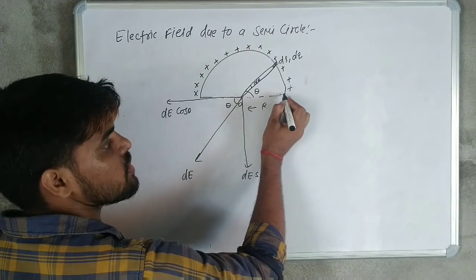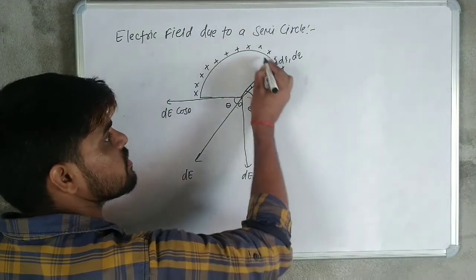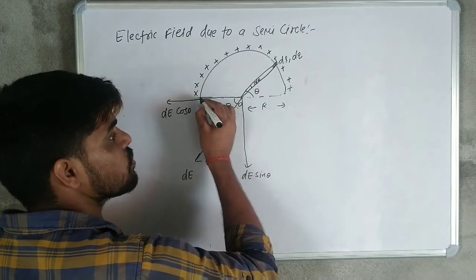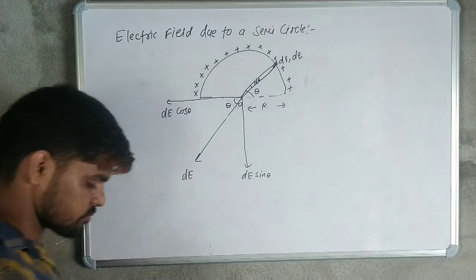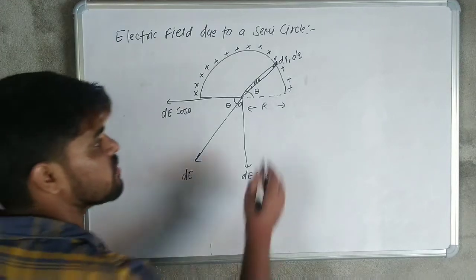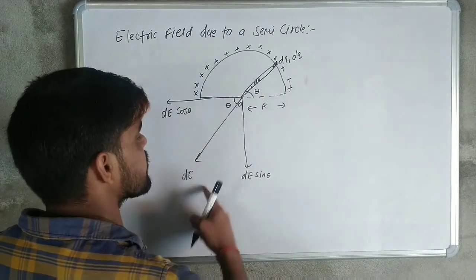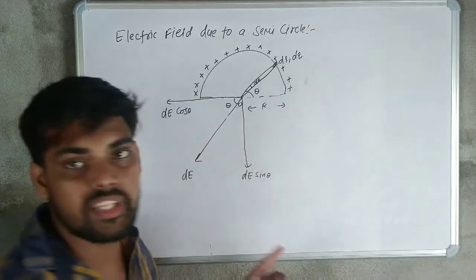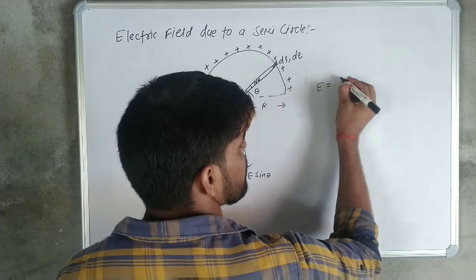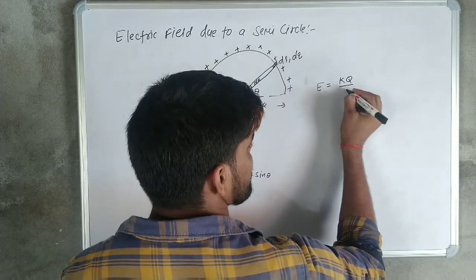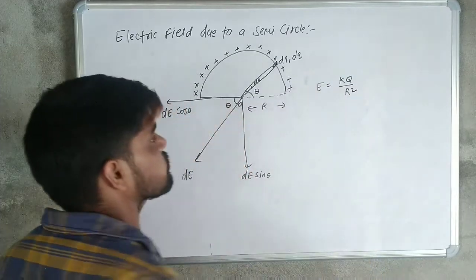We start from 0 degrees and increase to pi, 180 degrees. What will be the electric field at any point? The electric field at any point is E equal to KQ upon R square.